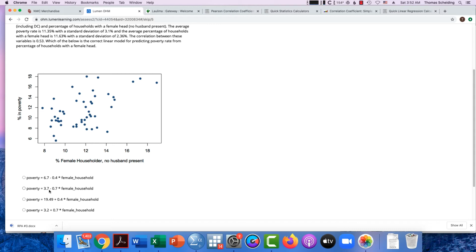What we're going to be able to see here in terms of the coefficients for this regression analysis, you need to think about what is determining the y-intercept, because that's really going to be the difference in your knowing whether it's 3.7 or 6.7.